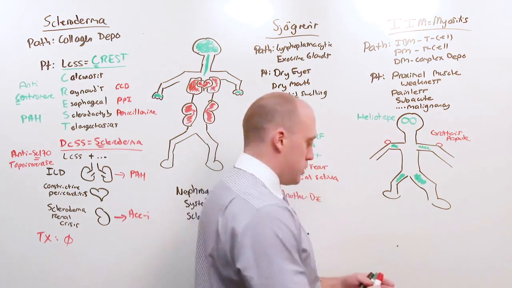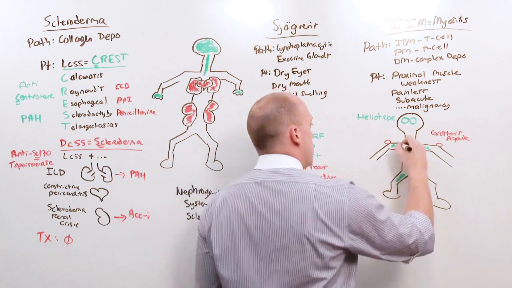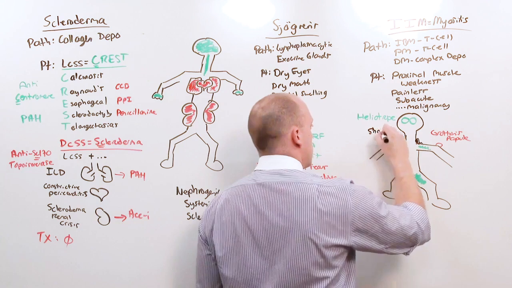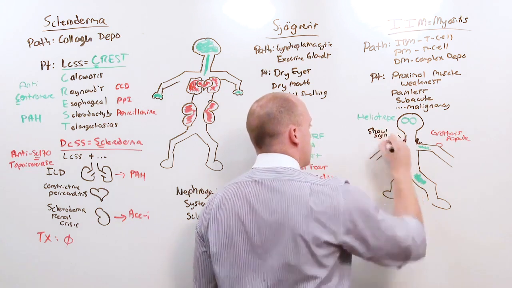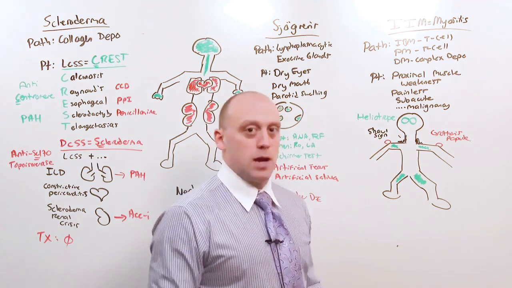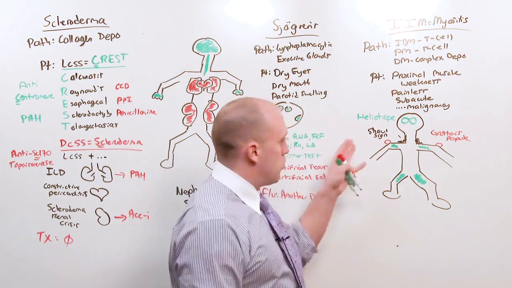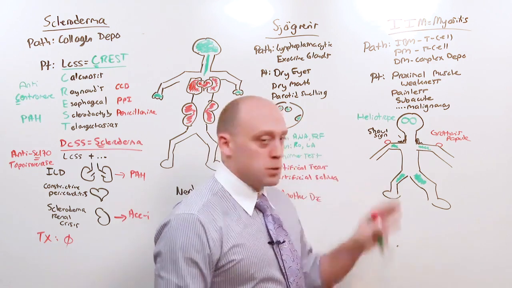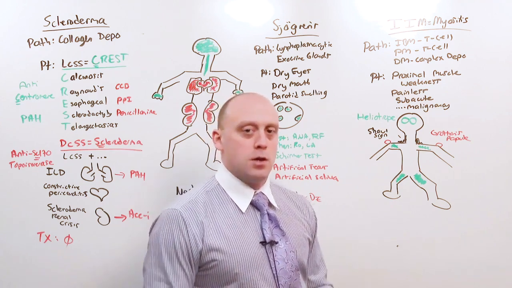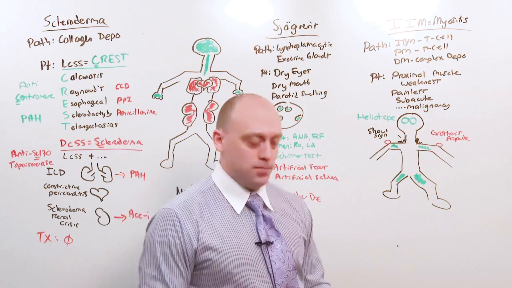And you might also see the shawl sign, which is a photosensitive rash. So any area that is exposed to sunlight gets a rash. Heliotrope rash, shawl sign, Gottron's papules, plus proximal muscle weakness, think idiopathic inflammatory myopathy.